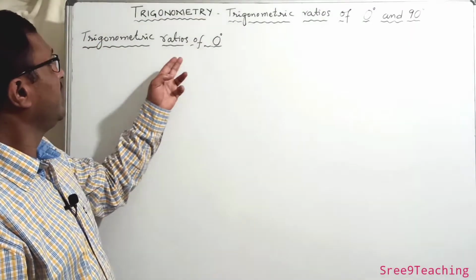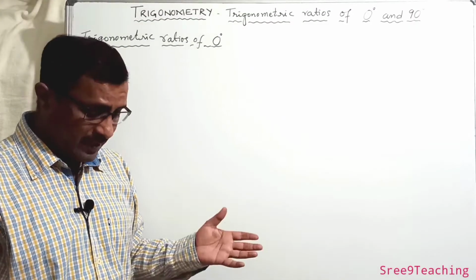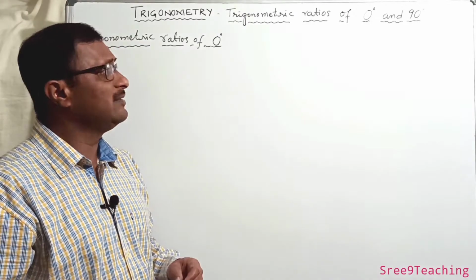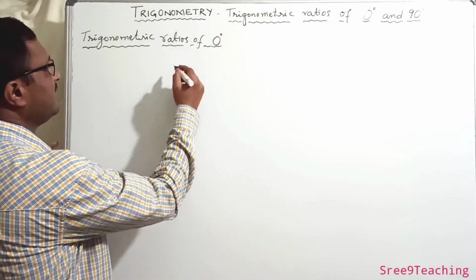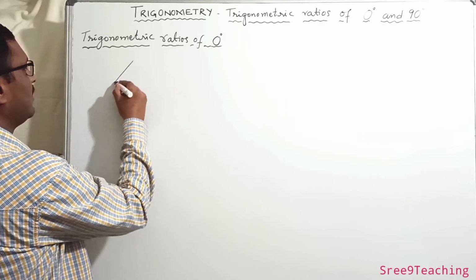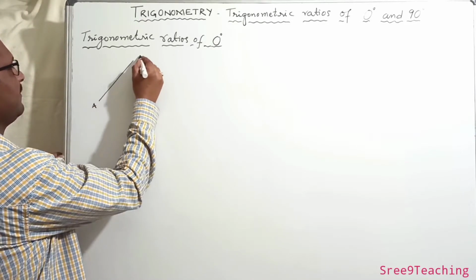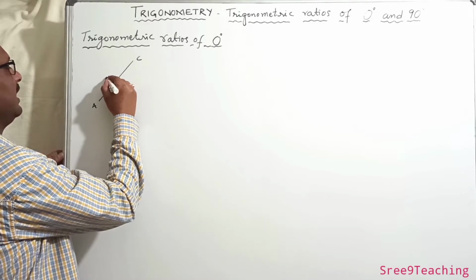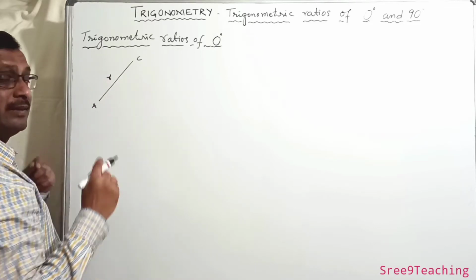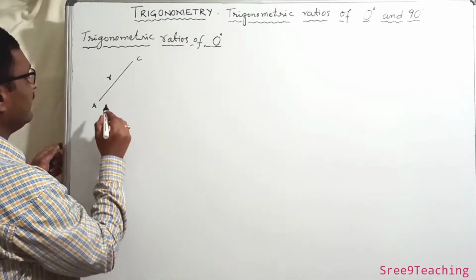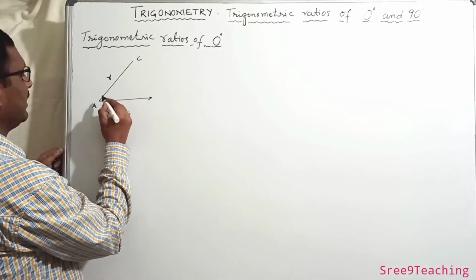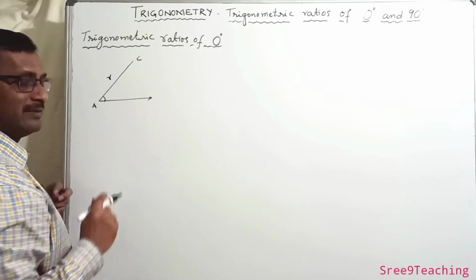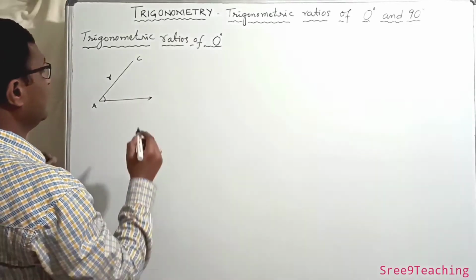That is trigonometric ratios of 0 degrees. To find these values, let us consider a line segment AC of length R, and this line segment is making an angle A with the ray here.